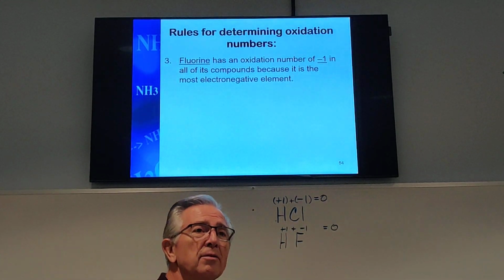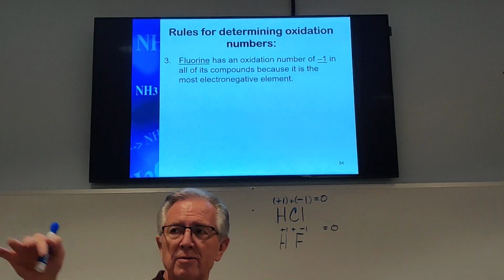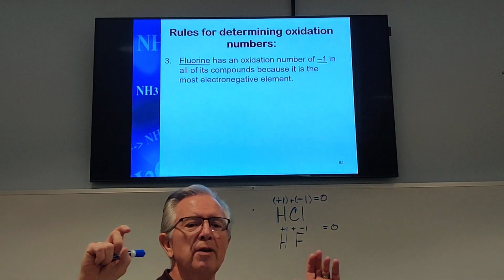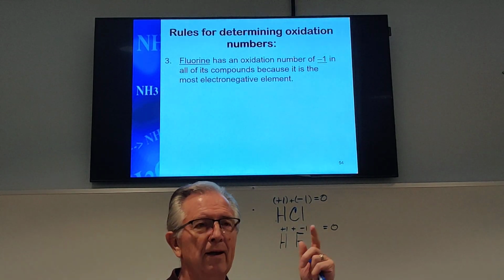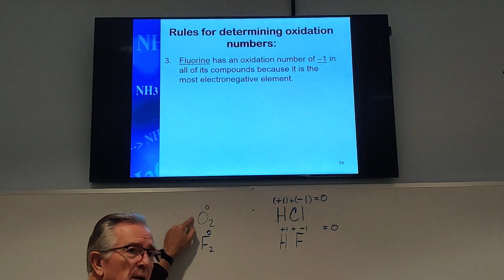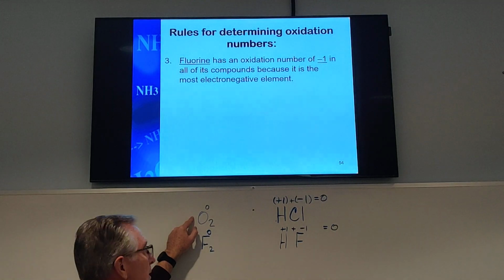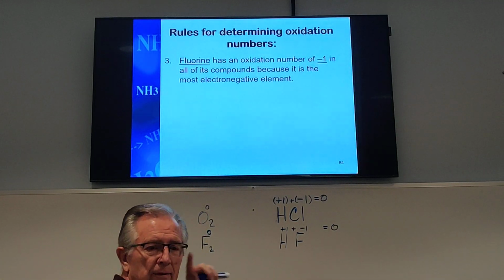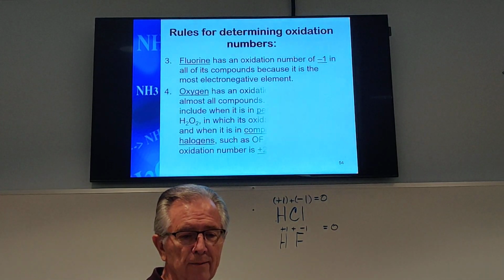It'll have to be +1, so it'll add up to 0. That fact of adding up to 0 we'll use a lot to make sure that we've done it correctly. So rule number 1 was that every element that's not bonded to anything else is always 0. This rule number 3, fluorine is always -1.